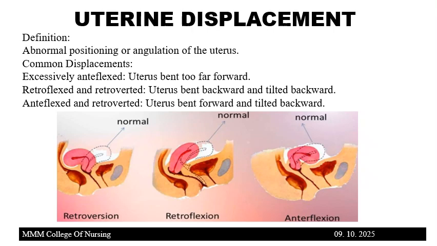The third picture is the anteflexion, that is, excessively anteflexed. Even here we see the dotted line as the normal position, but the uterus is bent too far forward. These are some of the types of uterine displacement.